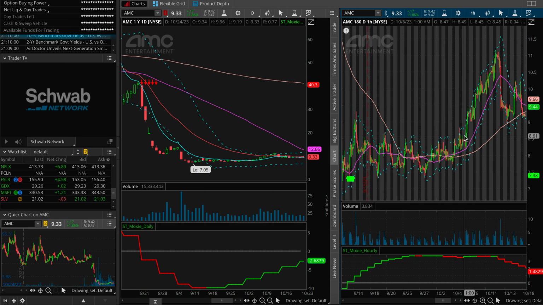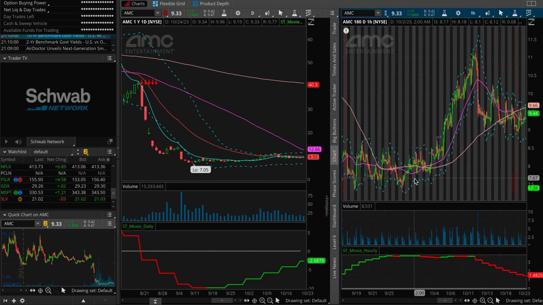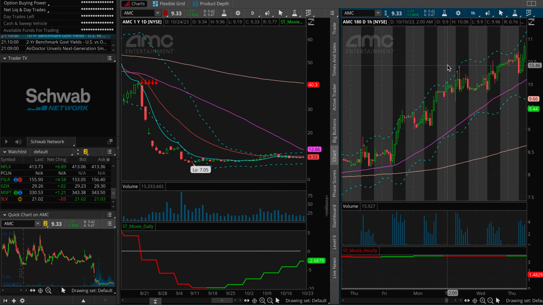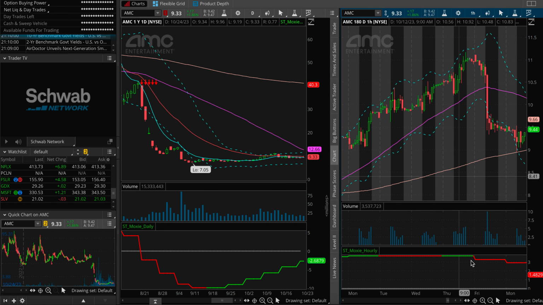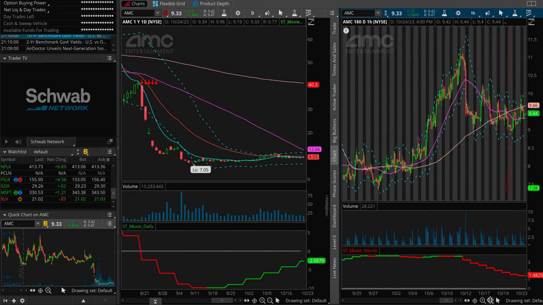Now, getting back to our Bollinger Bands, when we have a price that goes up like this and it hits the top of our Bollinger Bands, that might be saying that, hey, we're overbought right now. We should be looking to sell.